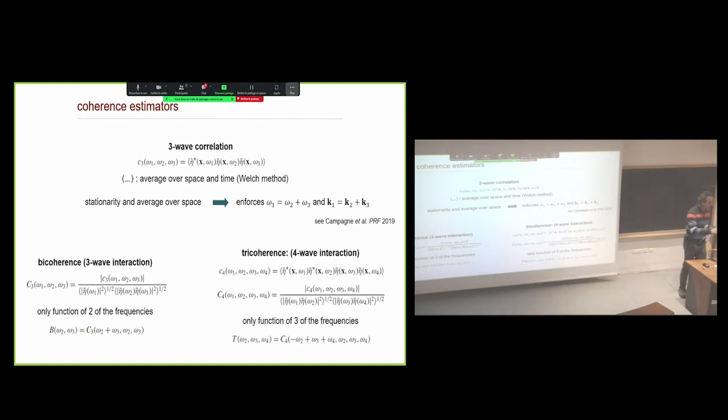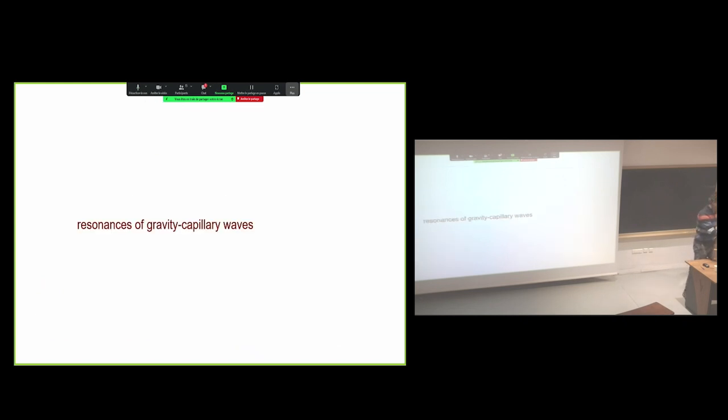And you can do the same thing for 4-wave correlations. Okay, let me do a little bit of a detour at smaller scale. Actually, we also did some experiments in a small tank like this, so it's getting even further from the sea, where you shake it like this.